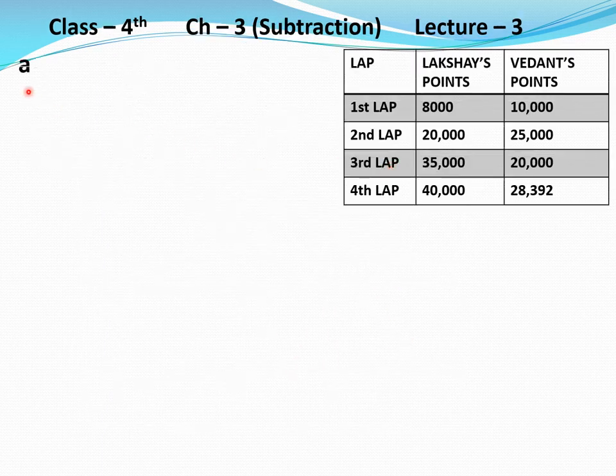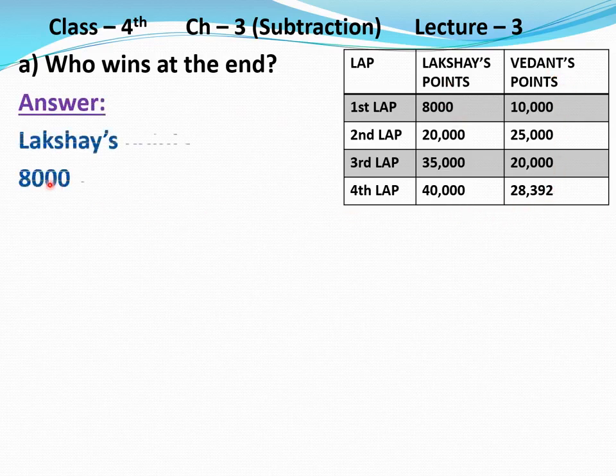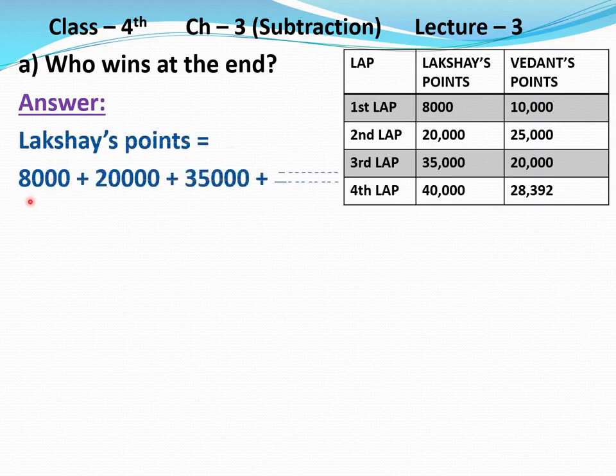Now see A part. Who wins at the end? To calculate who wins at the end, we will add Lakshay's points and then add Vedant's points and then we will compare. See answer. Lakshay's points equal to 8,000 plus 20,000 plus 35,000 plus 40,000. We will add this. Answer will be 1,03,000.